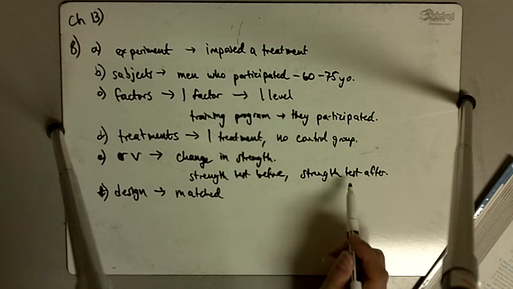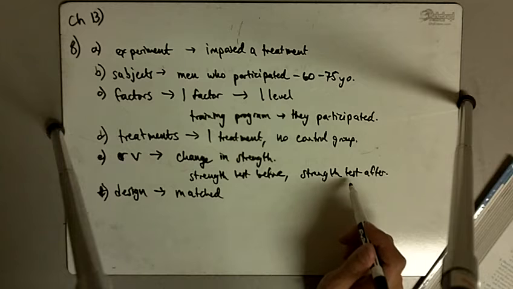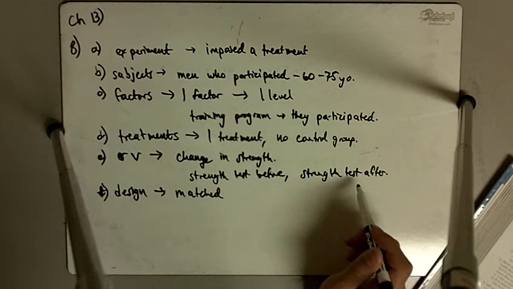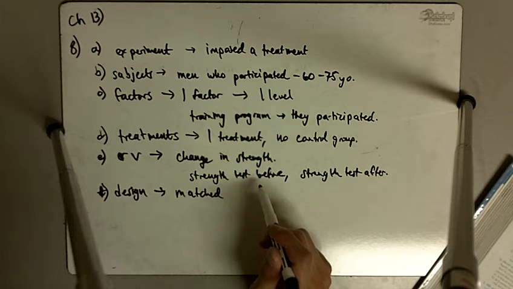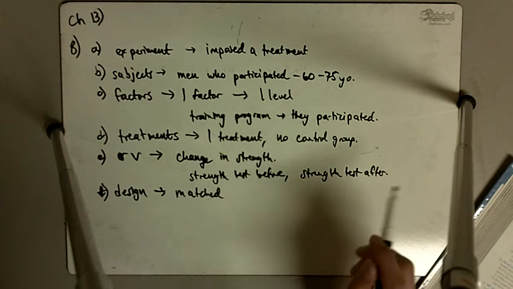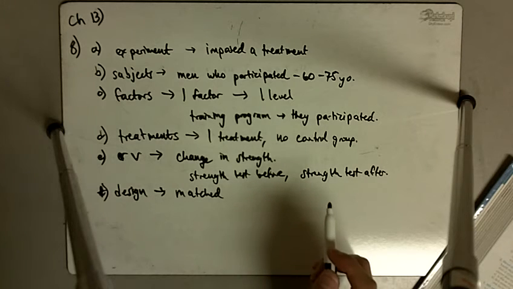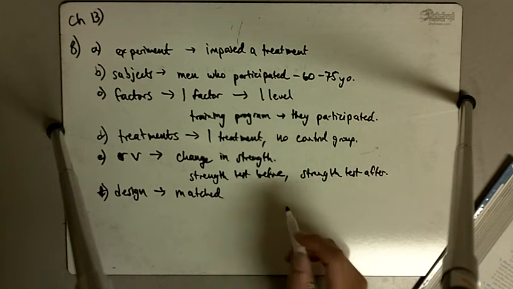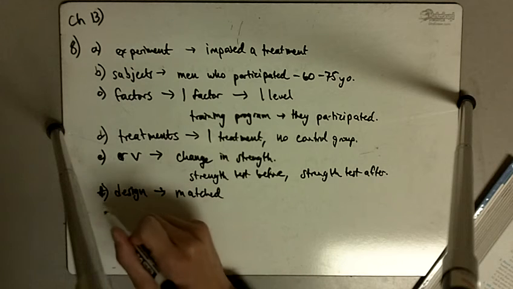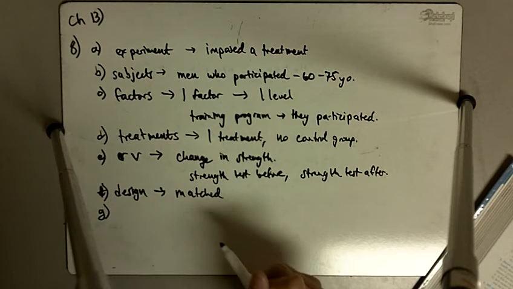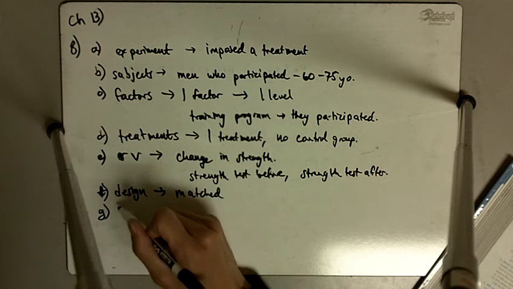We're looking at a particular man's strength after the program versus his strength before the program. We're not just comparing two different men at two different times, but we're comparing one man to his own strength from before. So that means it's matched. Same subjects.